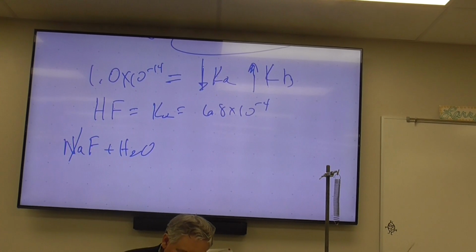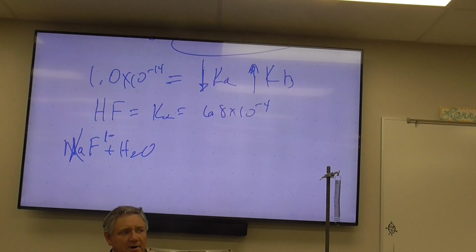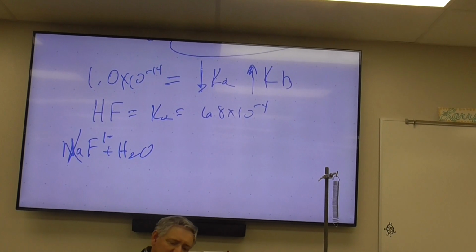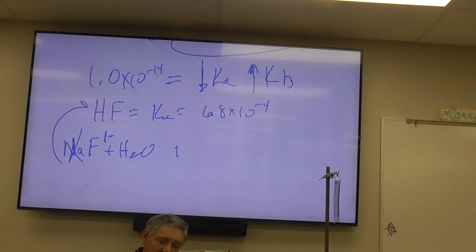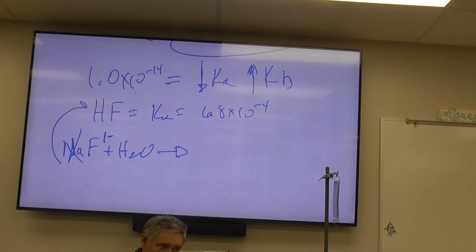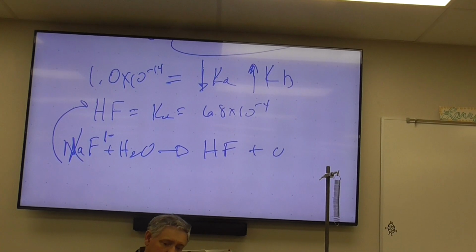No. It's aqueous the whole time, so it doesn't matter. So that fluoride has a charge of 1 minus. It's the conjugate base of hydrofluoric acid. So what's it going to do with that water? Take away a proton and form what? Hydrofluoric acid.